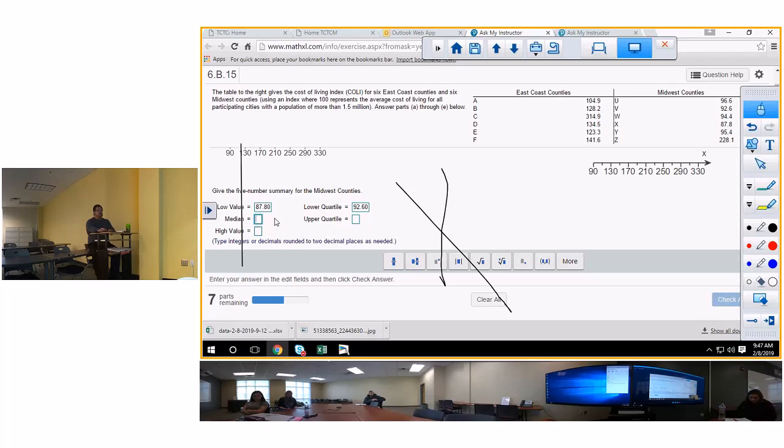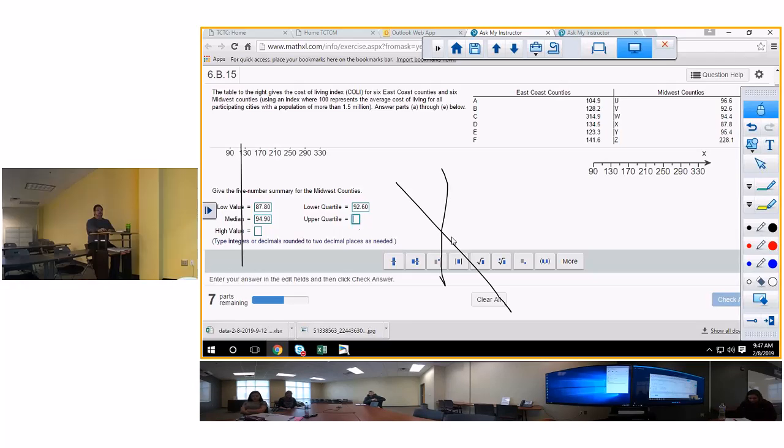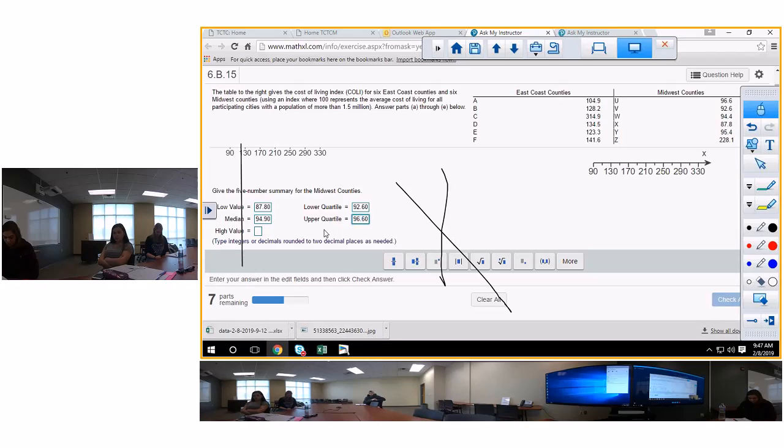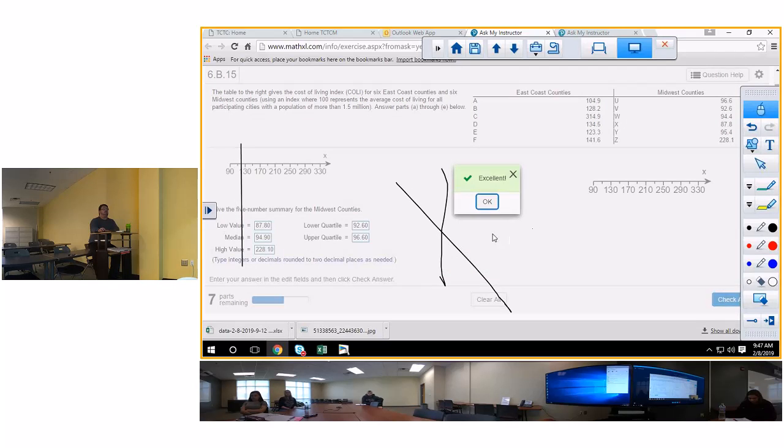What's the second quartile? 94.90. Third quartile? 96.6. And the max? 228.10. All right, we got it right because we put a 0 behind the numbers.